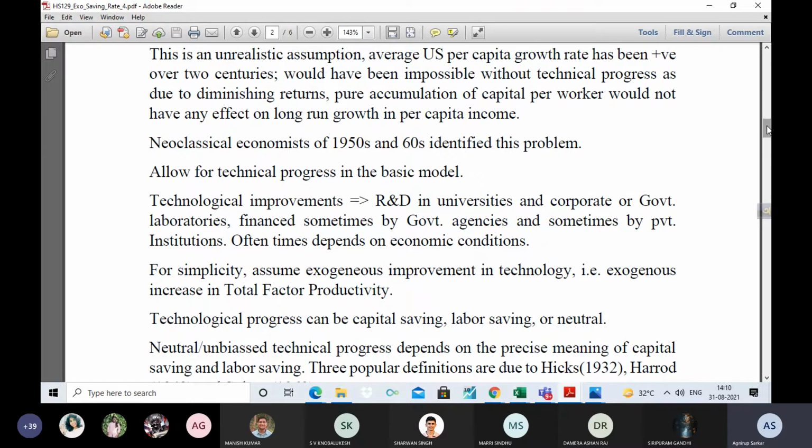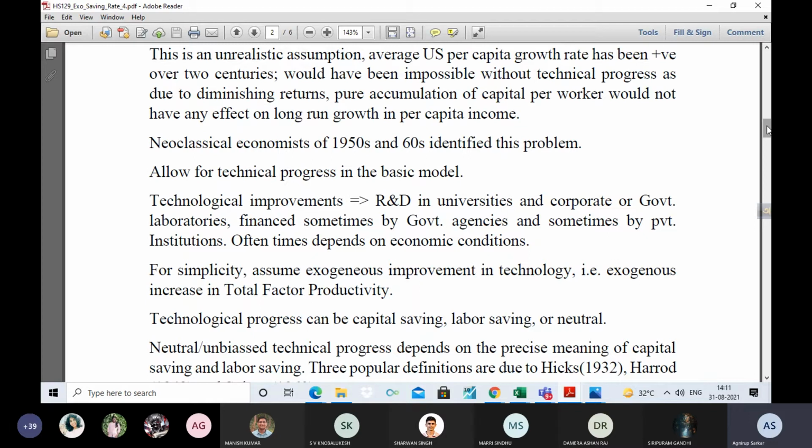Now, these improvements sort of provided an escape from diminishing returns and therefore enabled the economy to grow in per capita terms in the long run, right? So what we would now study is how the model works when we allow for such technological advances.